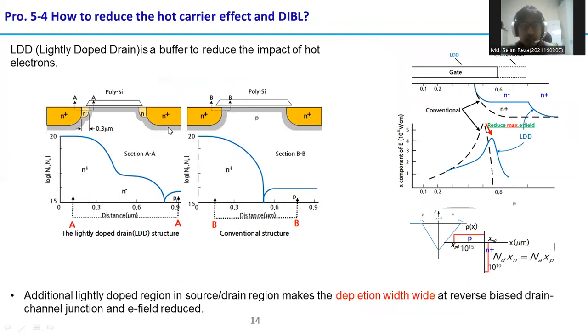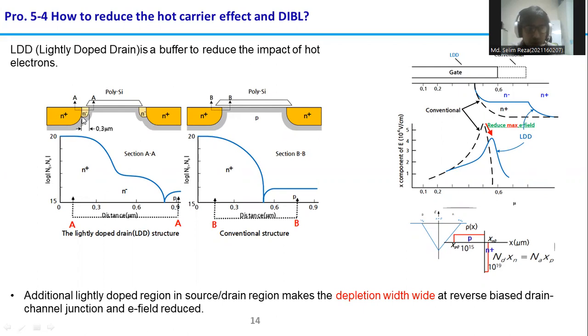Next, how to reduce the hot carrier effect in the semiconductor. So if we know LDD, that means lightly doped drain, is a buffer to reduce the impact of the hot carrier electron. In this region, this one is the drain, and this one is the source.